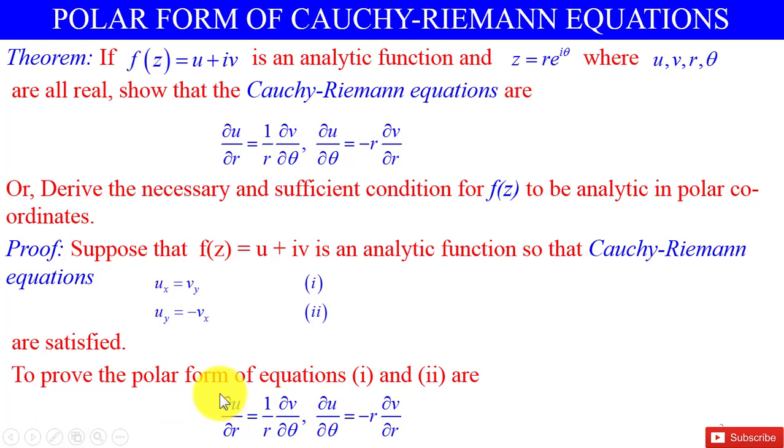To prove the polar form of equations 1 and 2, these equations 1 and 2 are ∂u/∂r = (1/r) ∂v/∂θ and ∂u/∂θ = −r ∂v/∂r.